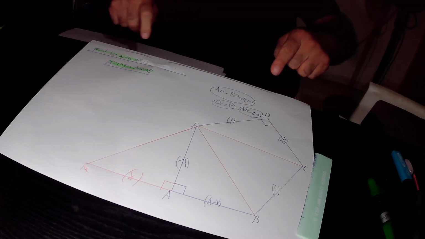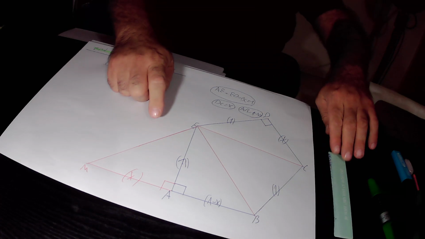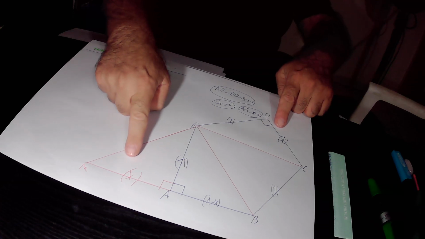So why can those two triangles map onto each other? First of all, those two sides are both equal to x and therefore they are equal to each other.